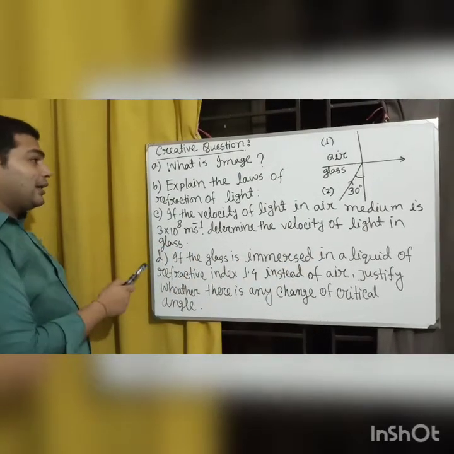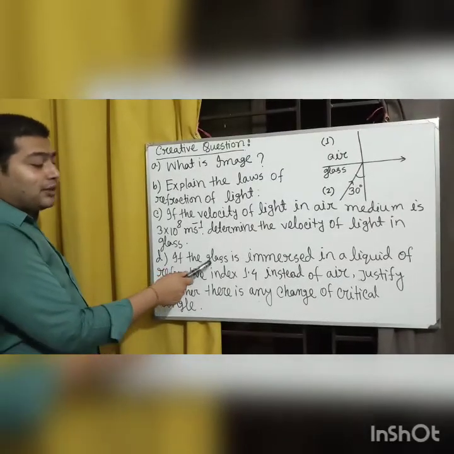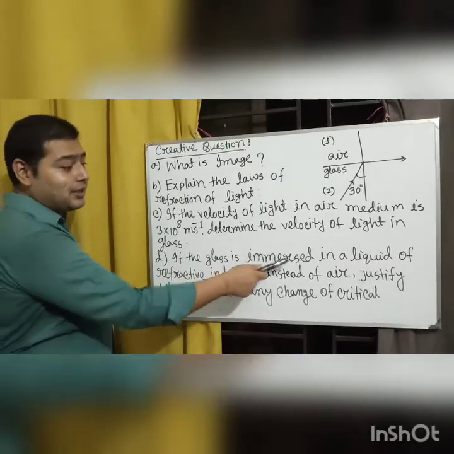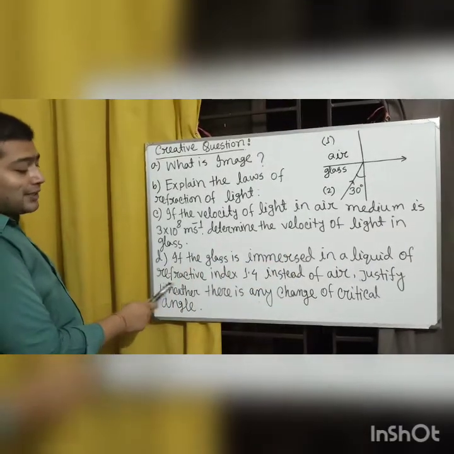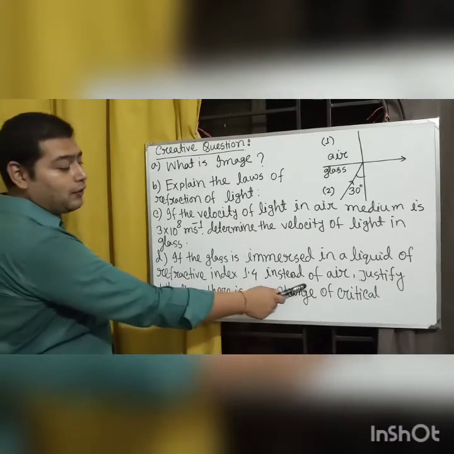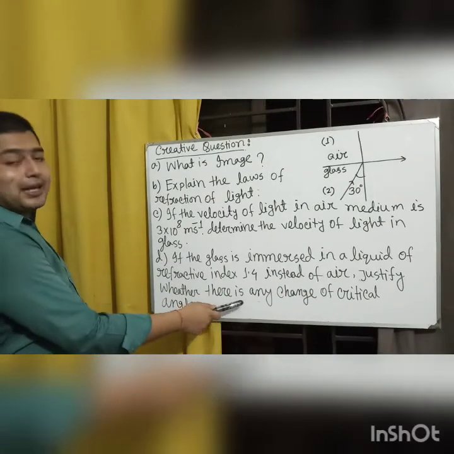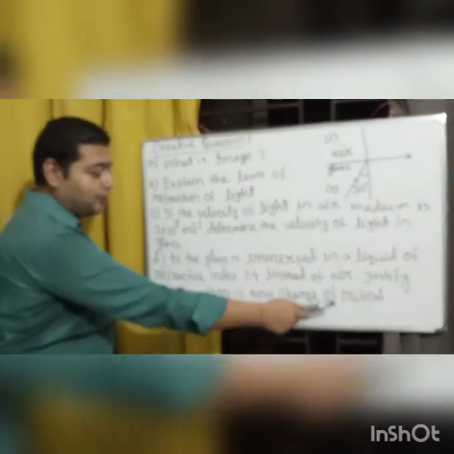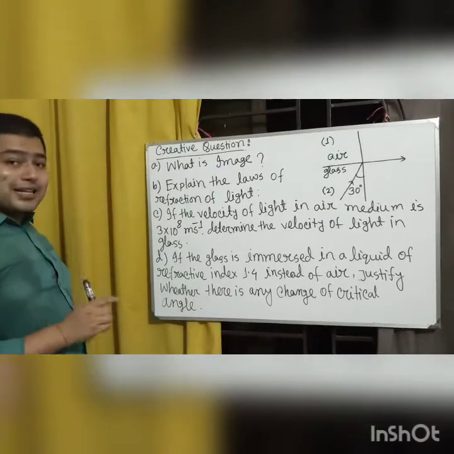And question D: if the glass is immersed in a liquid of refractive index 1.4 instead of air, justify whether there is any change of critical angle. Okay, so this is our creative question.